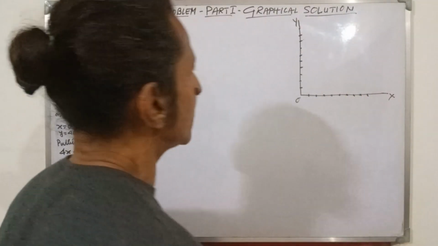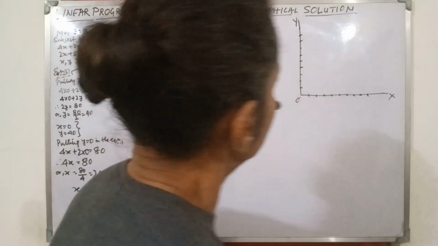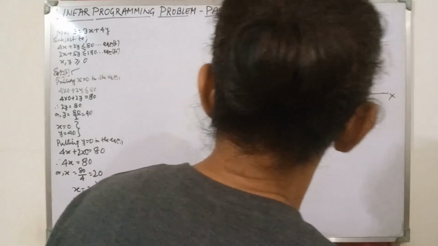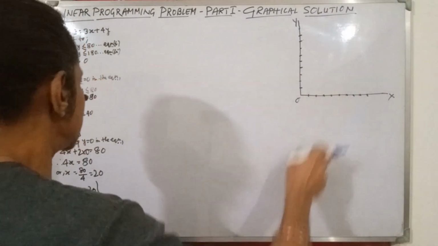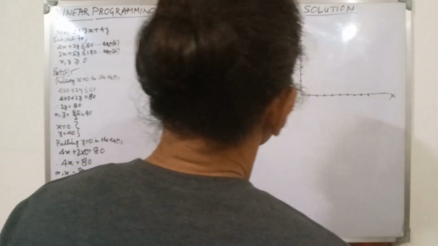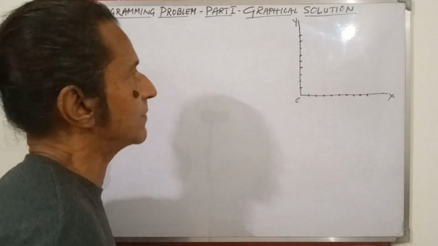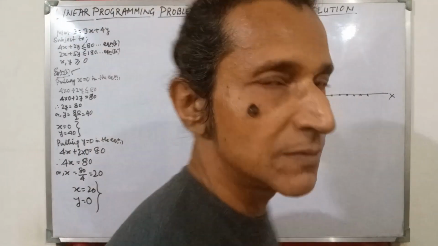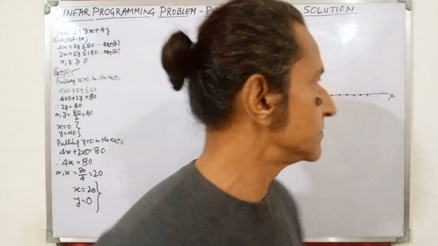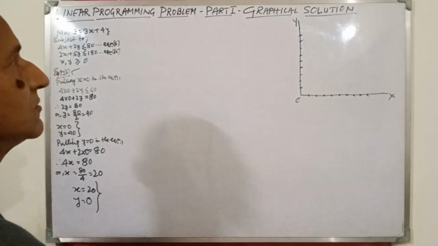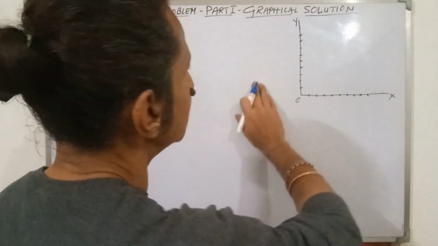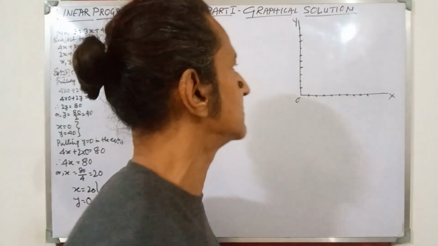I am not drawing the diagram to scale. I am only making estimates. These are all approximations. You also need not draw a diagram on graph paper, because you can solve it graphically too. In fact, we are solving it graphically with a little bit of algebra.